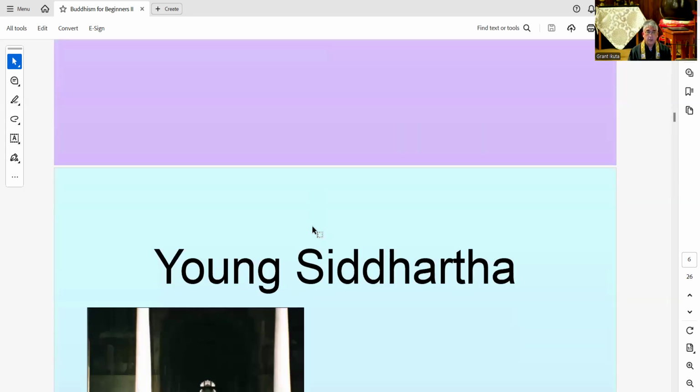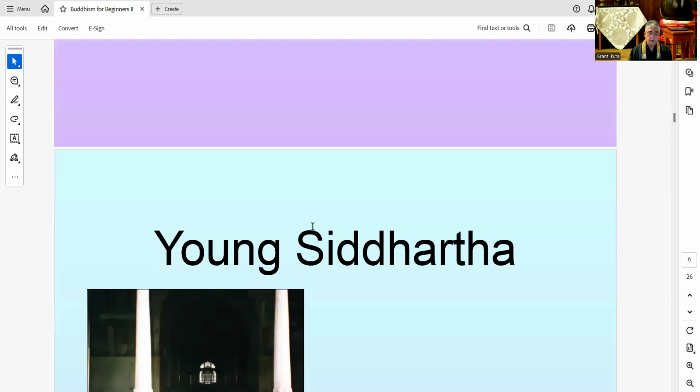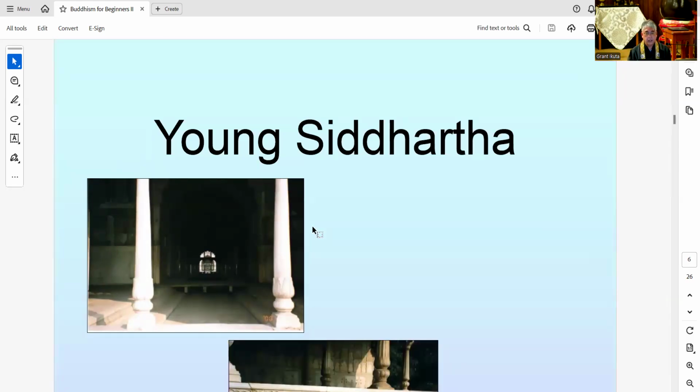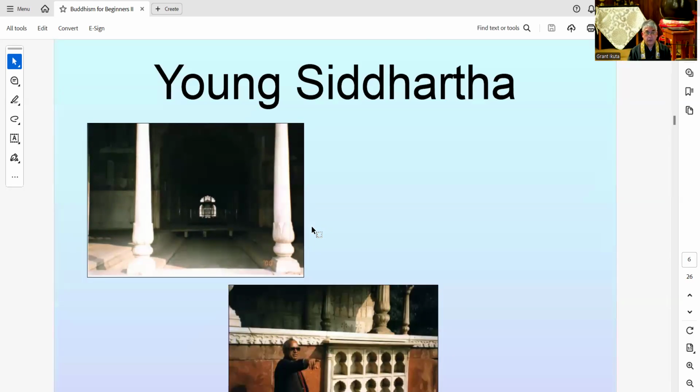Now, as I mentioned, so Suddhodana raised his son Siddhartha very much in a sheltered existence. And it was said that he built different palaces for Siddhartha. He built one palace for the winter, one palace for the summer, and one palace for the rainy months, the monsoon months.